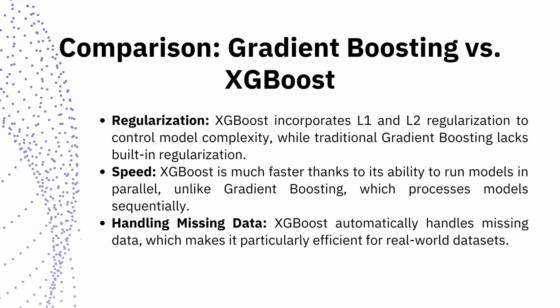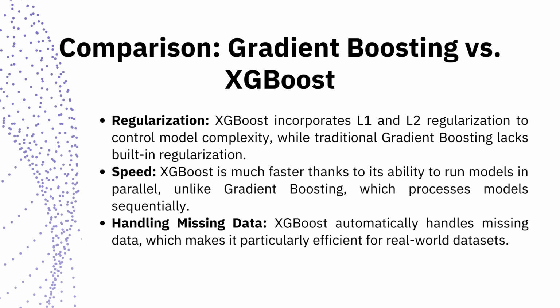critical. Though XGBoost is built on the foundation of traditional gradient boosting, there are key differences that make it a more powerful tool. First, XGBoost includes regularization, which helps to prevent overfitting by controlling the complexity of the model.